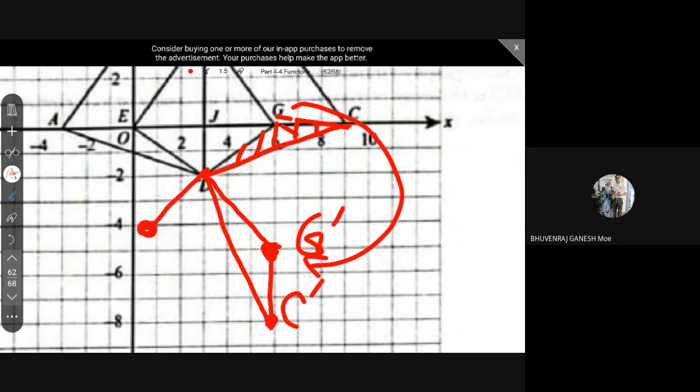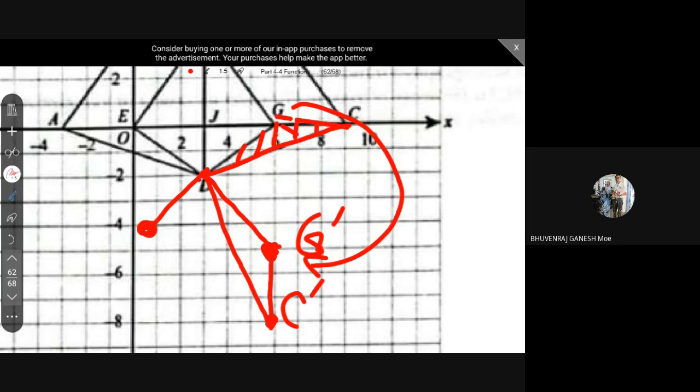If you go like this, it is a 180 degree rotation. Here they are talking about 90 degrees, halfway only, half of the 180 rotation. If 1, -4, you're correct if it's 180.